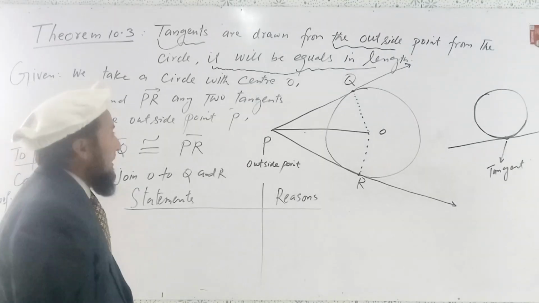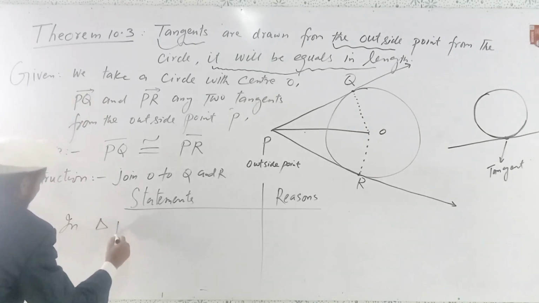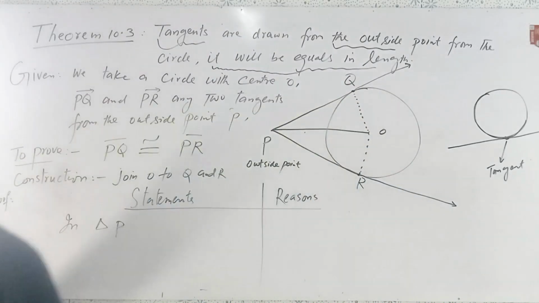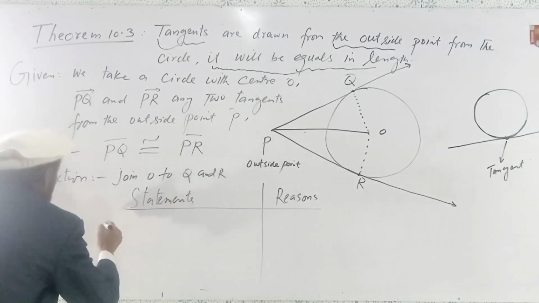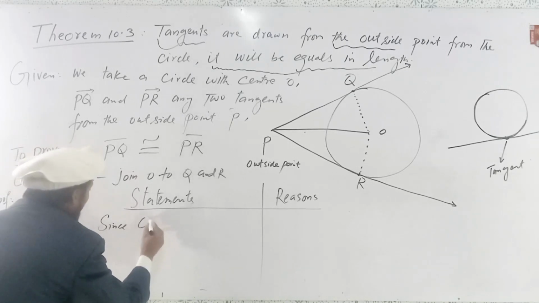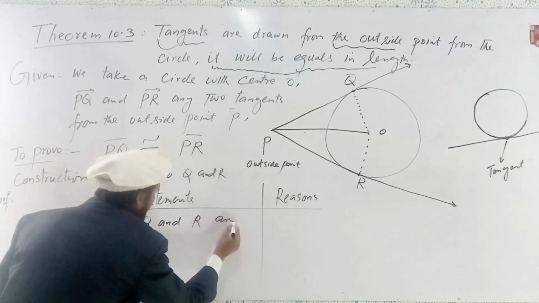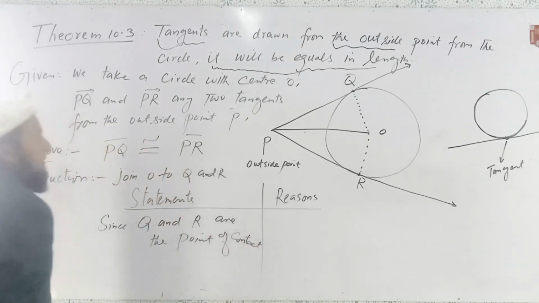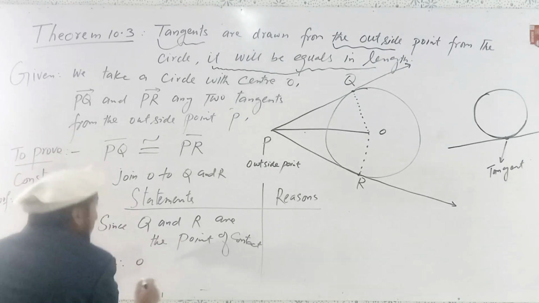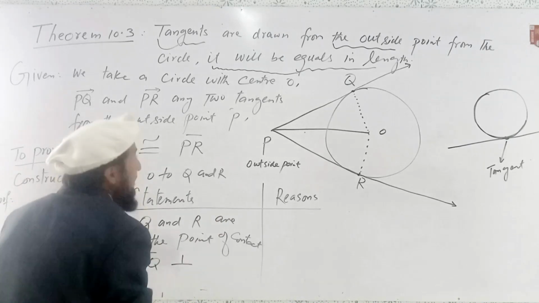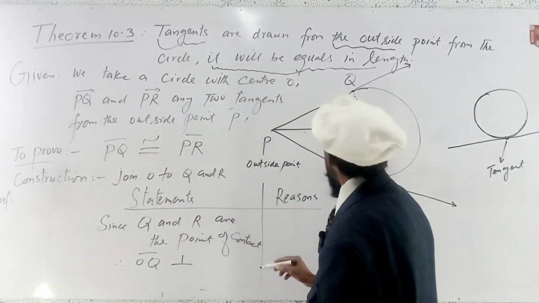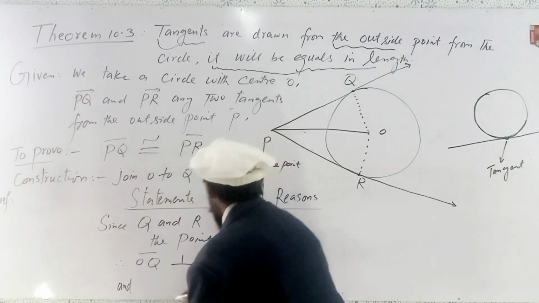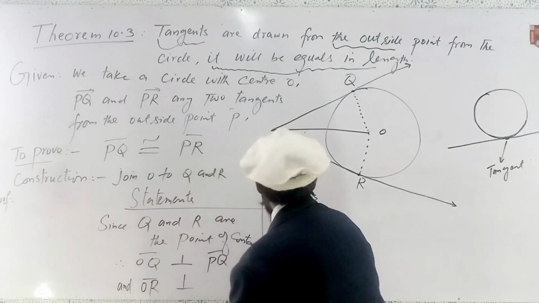Now the comparison of the two triangles, triangle POQ and triangle POR. First, since Q and R are the points of contact, it means that OQ is perpendicular to PQ and OR is perpendicular to PR.